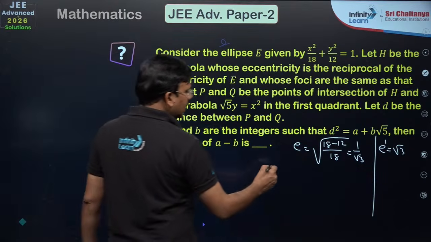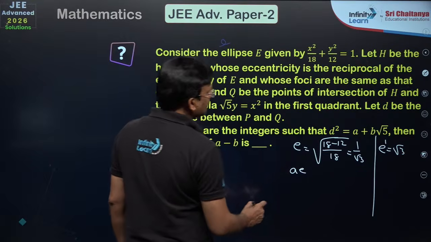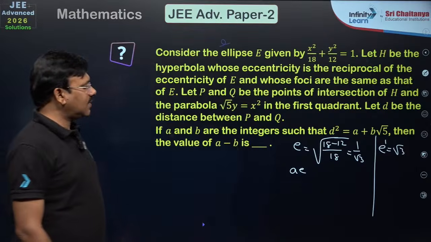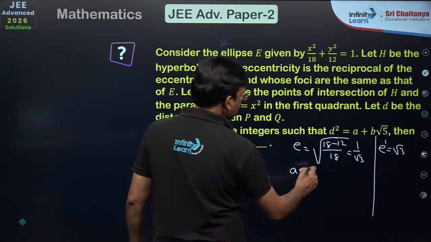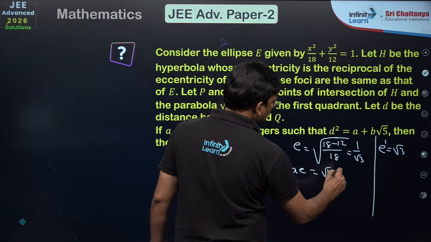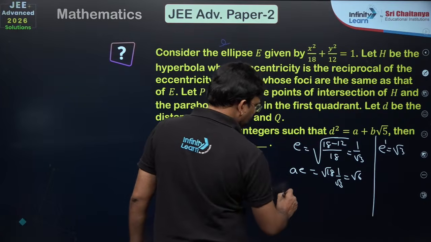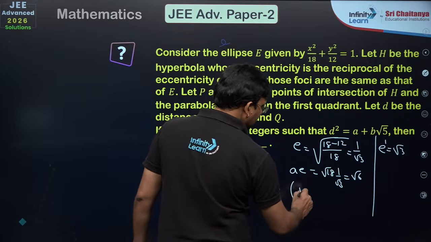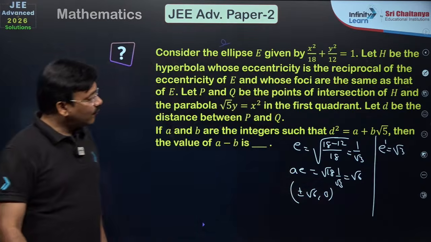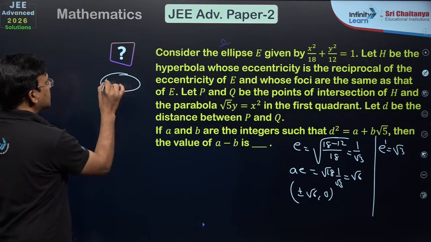Then the foci are plus or minus AE. What is A here? Root 18 into 1 by root 3, which is root 6. So the foci are going to be plus or minus root 6 comma 0, which are going to be the foci of the hyperbola.